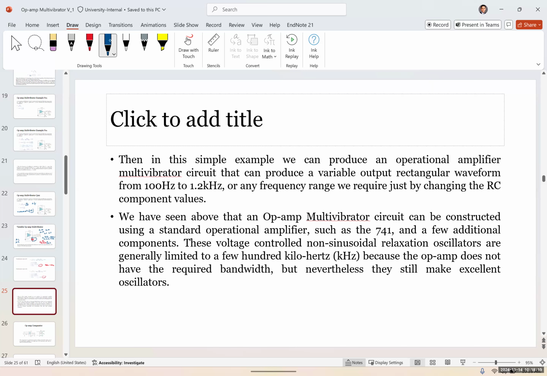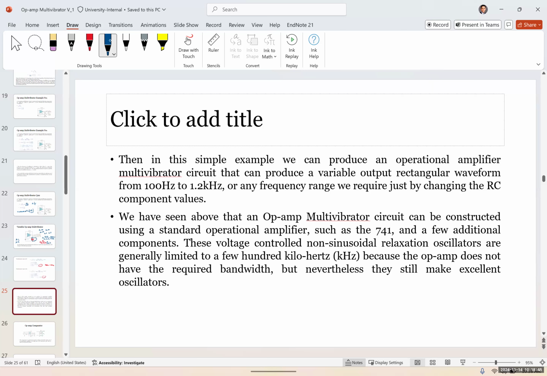These voltage-controlled non-sinusoidal relaxation oscillators are generally limited to a few hundred kilohertz because the op-amp does not have the required bandwidth, but nevertheless, they still make excellent oscillators.